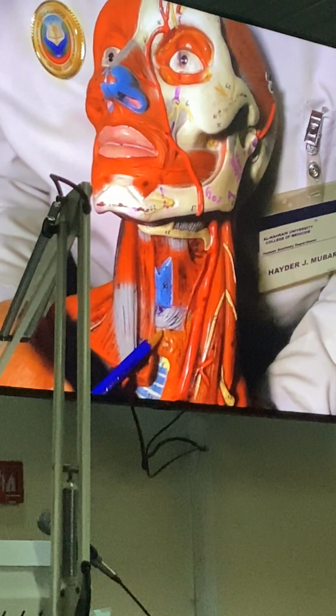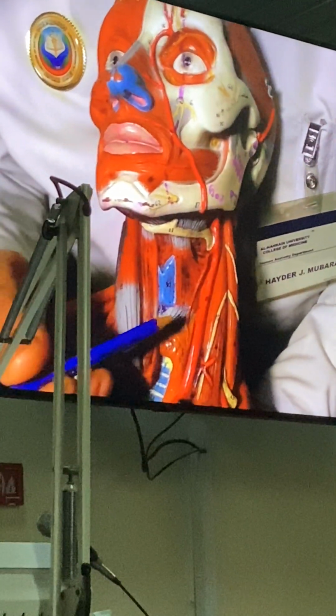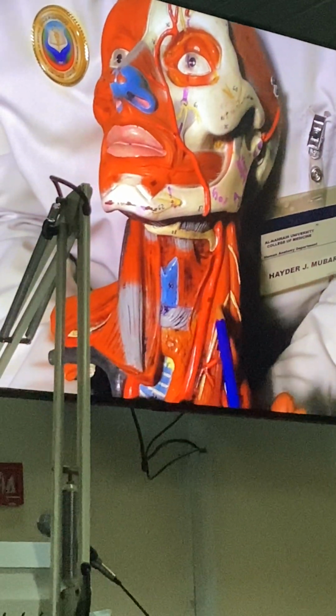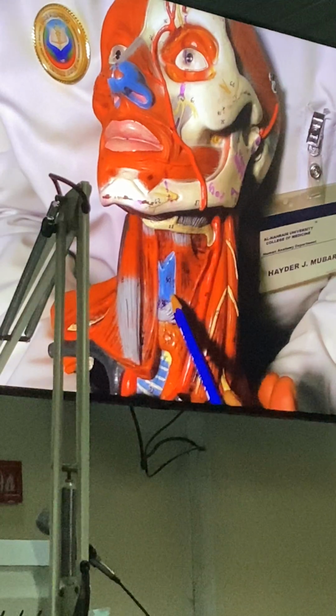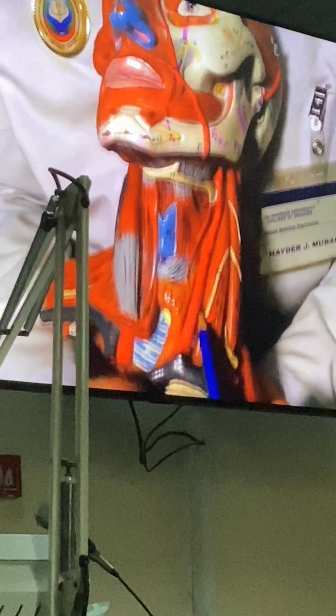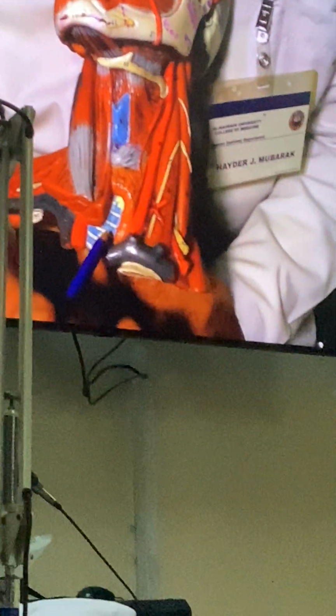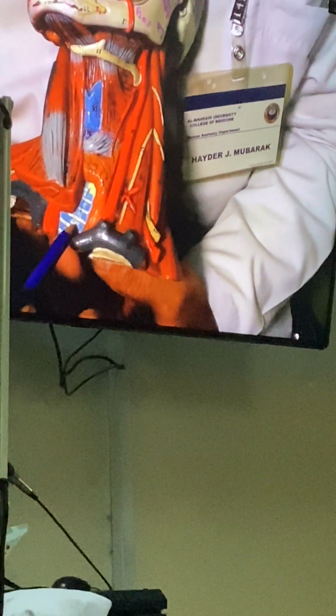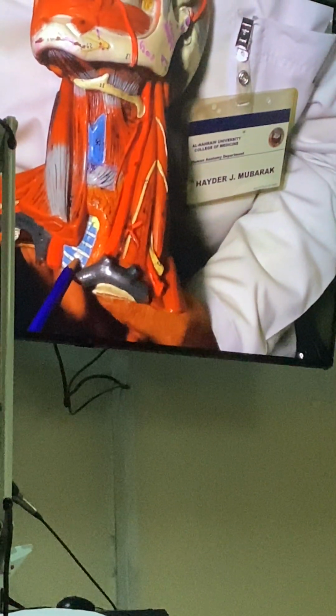And you can see how the upper end or pole of the lobe reaches up to the level of the thyroid cartilage, while the lower pole of the lobe reaches to the fourth tracheal ring. You can count it.